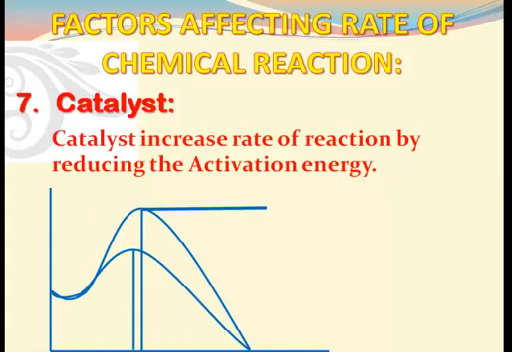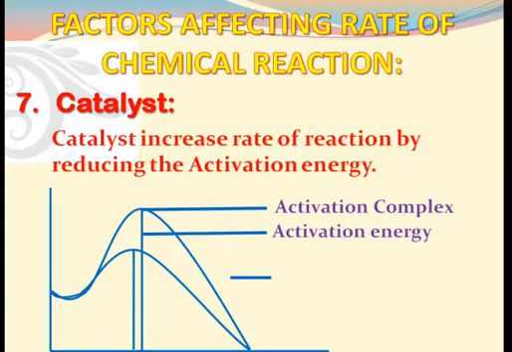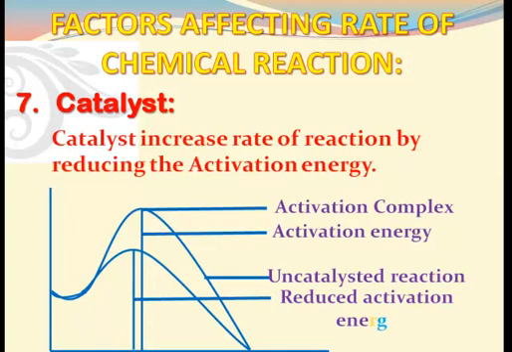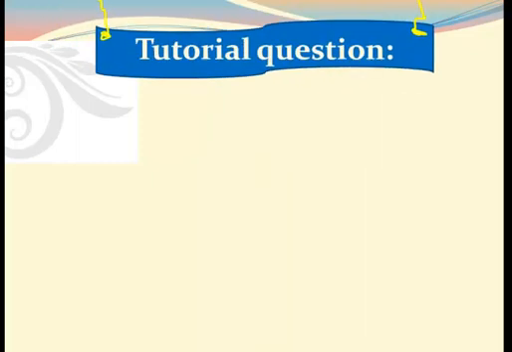If we have the graph like this, and we have the activation complex, and we have activation energy, and we have the uncatalyzed reaction, then catalyst will reduce it, we have reduction in activation energy, then the catalyzed reaction will be lower there. So more reactants can attain the activation energy because it is reduced, and the reaction can proceed very fast.